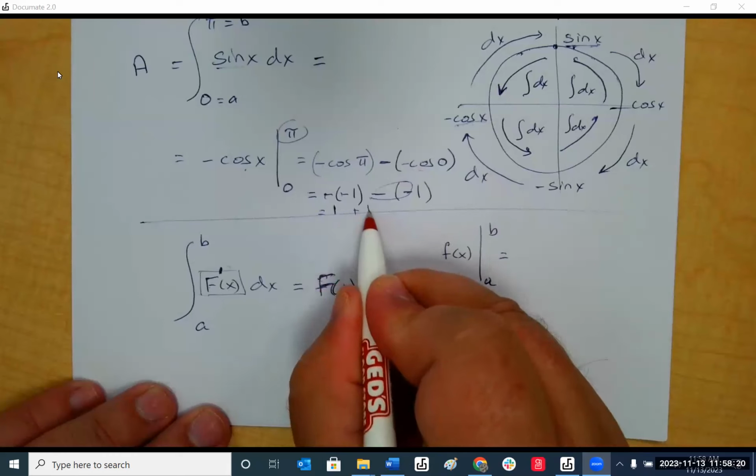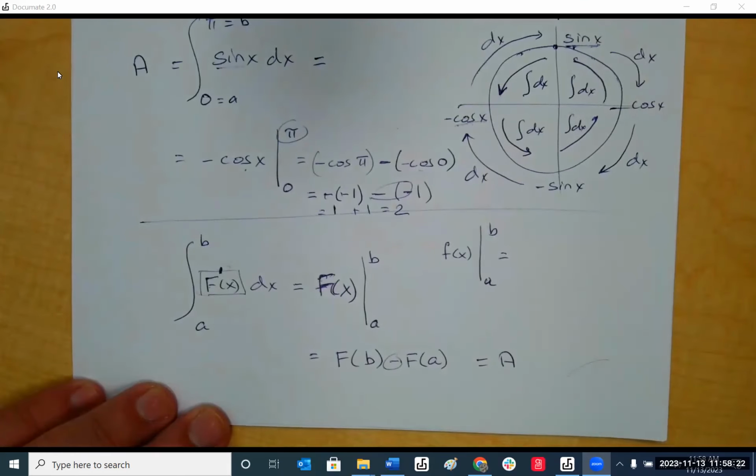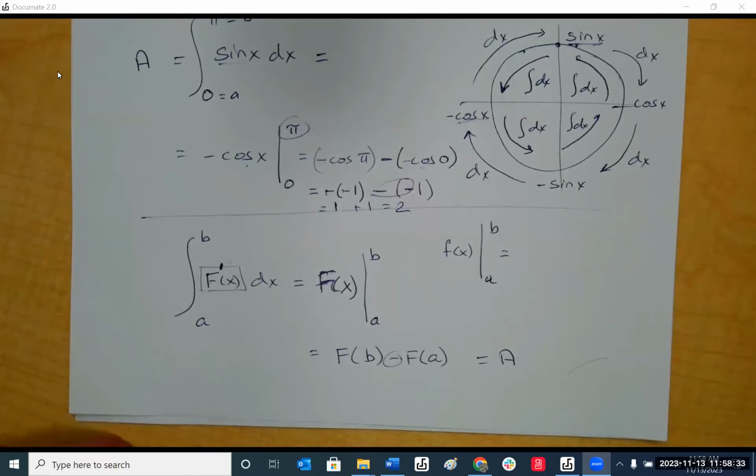Negative and negative makes it a positive, so the answer is 2. So the area would be 2.